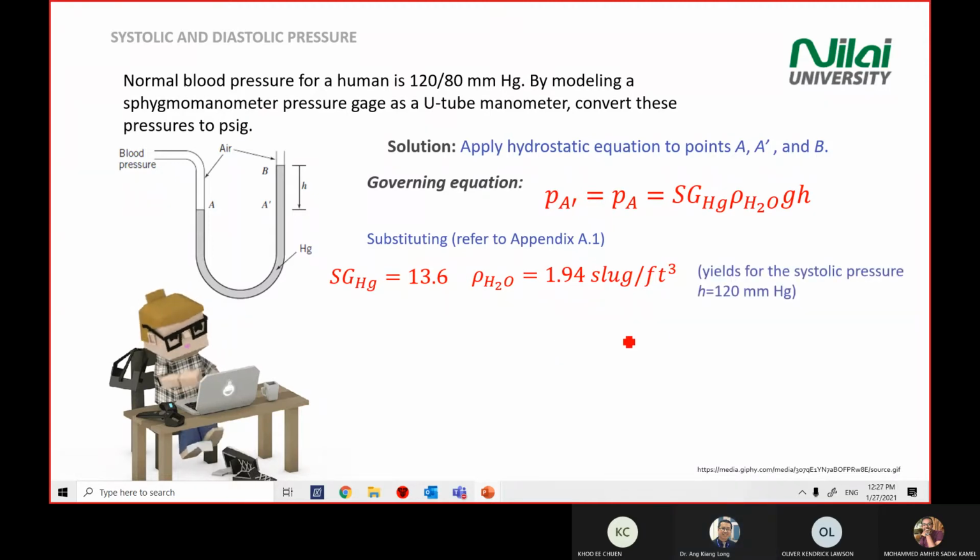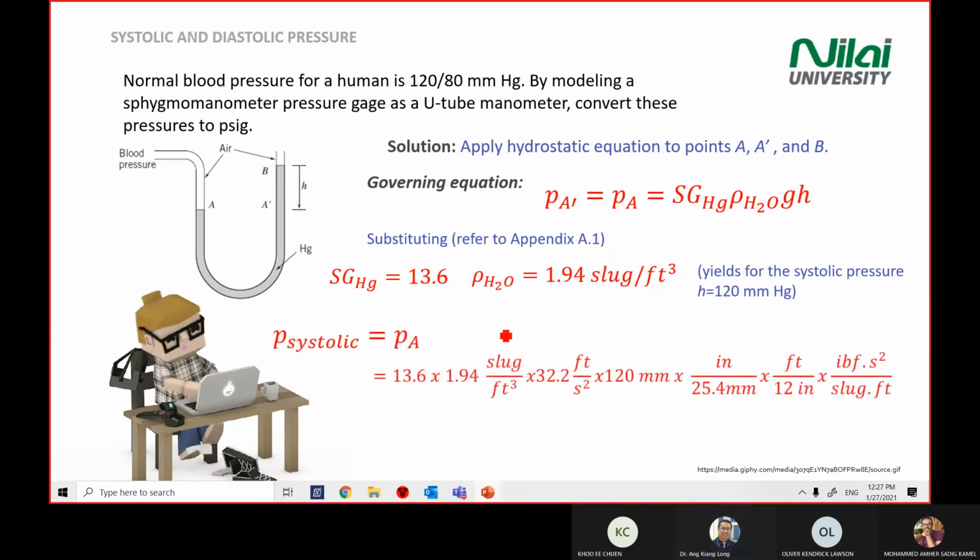So you do the calculation. This is just an expansion of the detailed calculation. You just plug in all the numbers. SG equal to 13.6, and rho water, according to Appendix A1, is 1.94 slug per cubic feet, and you change accordingly to psi, pounds per square inch.